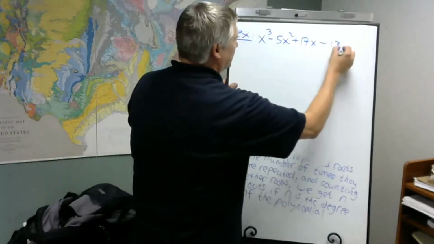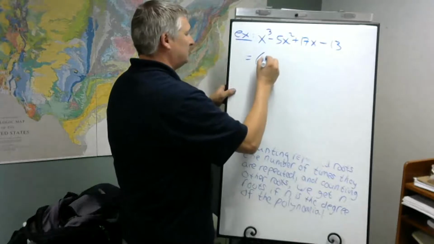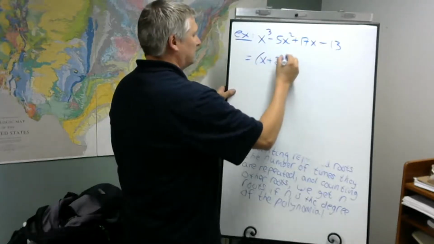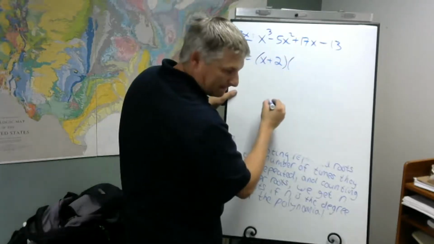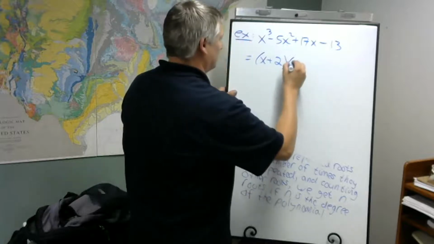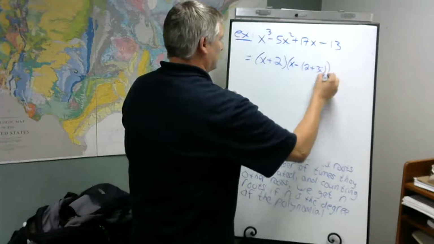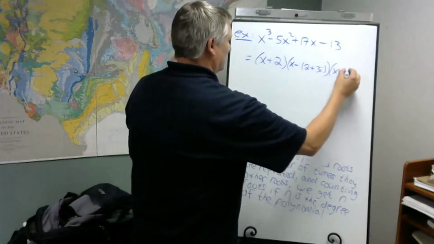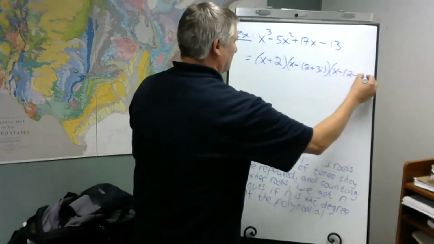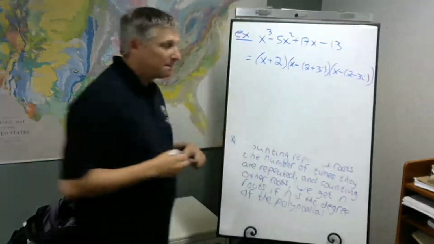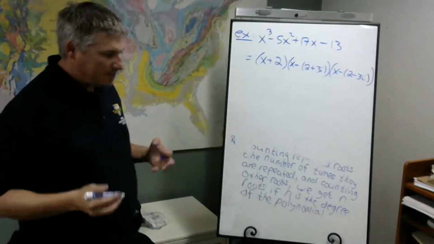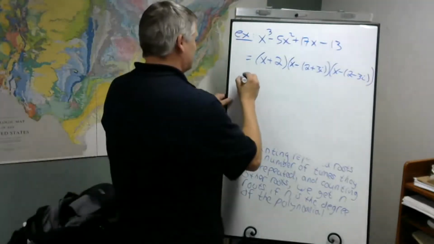Now, we saw this earlier, that this factored out to this. And so we have 3 unique roots.